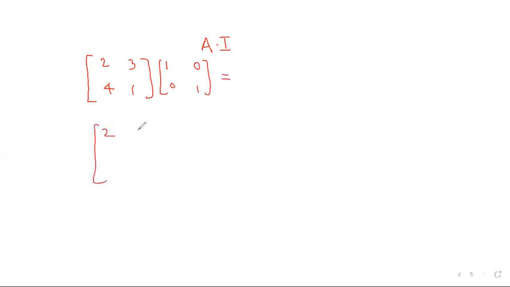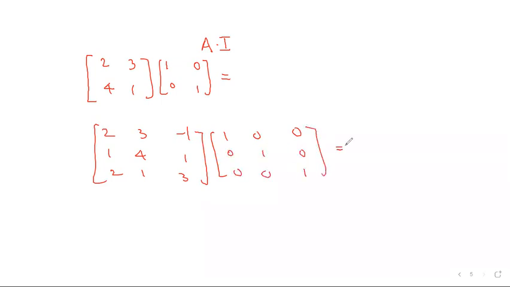If you multiply the 3 by 3 matrix 2, 3, minus 1, 1, 4, 1, 2, 1, 3 with 1, 0, 0, 0, 1, 0, 0, 0, 1, what will be your answer? Without multiplying, you are supposed to tell me the answer.